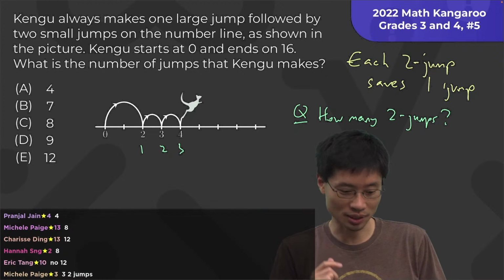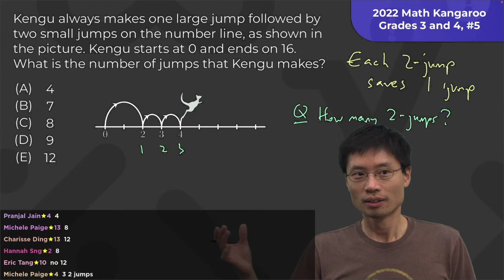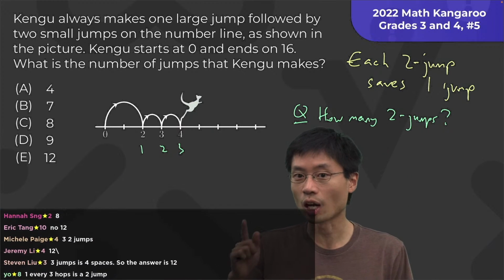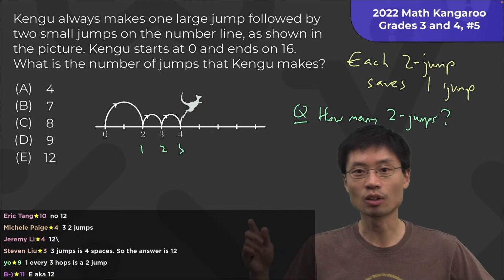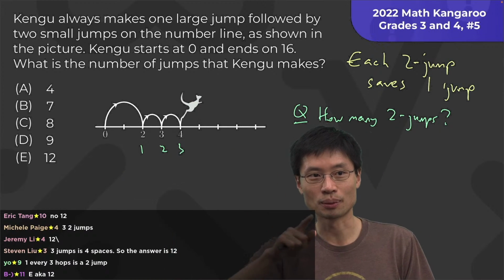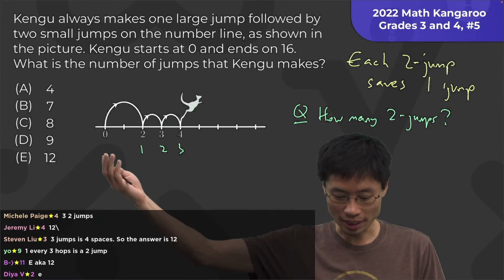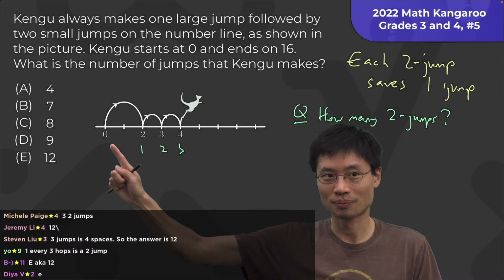I see that there's some disagreement of how many 2 jumps I'm actually making. One person said 1 of every 3 hops is a 2 jump. That's true. But the way I want to think of this is how I'm moving across and making progress. Somebody's saying 4 times 4 equals 16. What I'm saying is that every time I go a total distance of 4, there's a 2 jump.